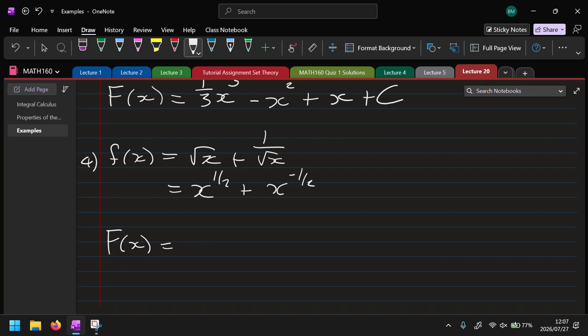Same game, add 1 to the exponent, divide. So the first one, a half plus 1 is 3 over 2. Divide by that, you swap it over, so it will be 2 over 3. Okay, next one, minus a half. Add 1, that becomes a half. Dividing by a half is timesing by 2. So it's plus 2x to the half, and plus C.